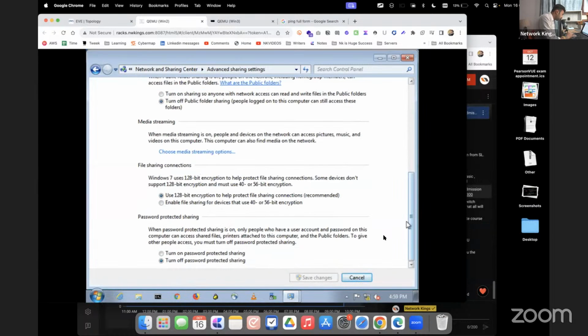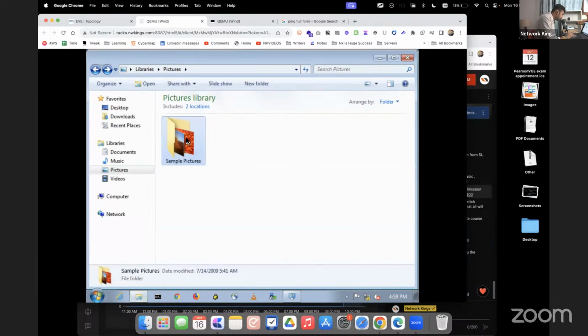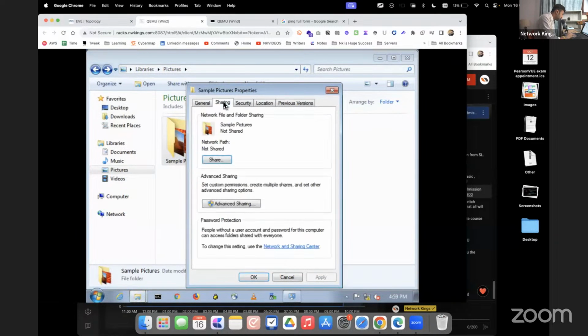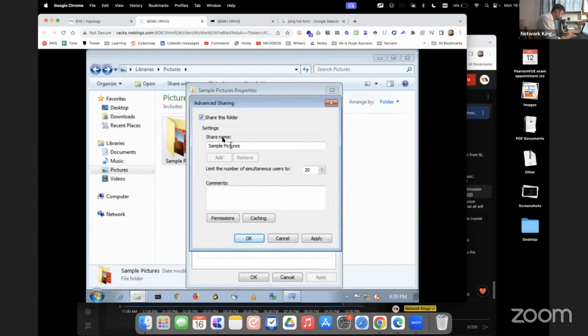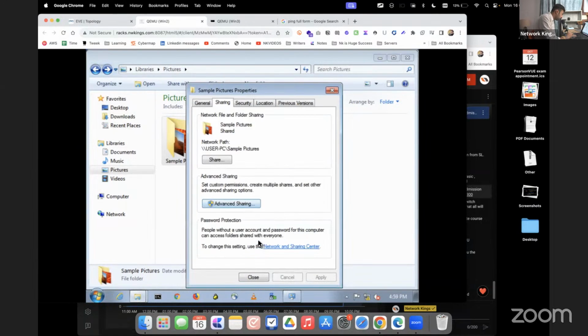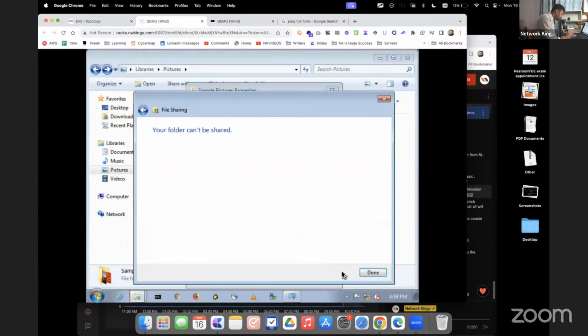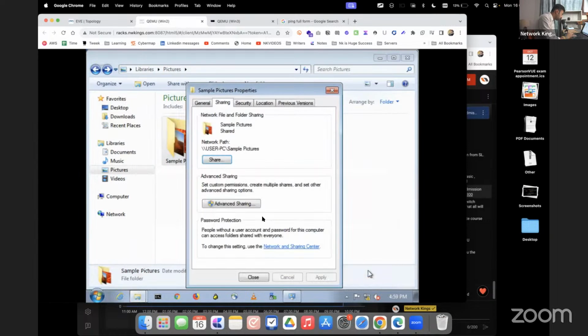Okay, we can go to properties, sharing. You can see share this folder. Share this folder, apply. You can see here, I want to add here everyone. Let me share again what I've done.